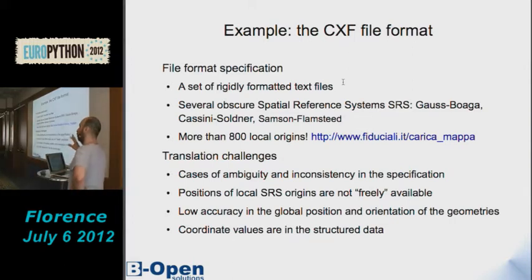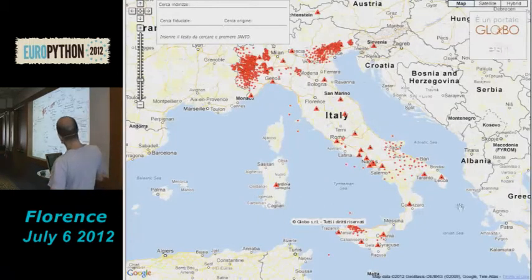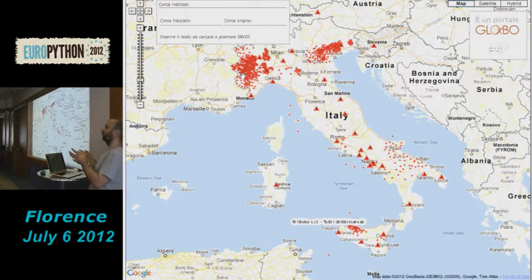That is, you don't have a definition over wide regions; you have small regions with a local origin. And in Italy we have more than 800 local origins. There are some big origins like this one and a lot of small origins. So if you get a data file that is somewhere here in Piemonte, you need to look up where the zero of your projection is.